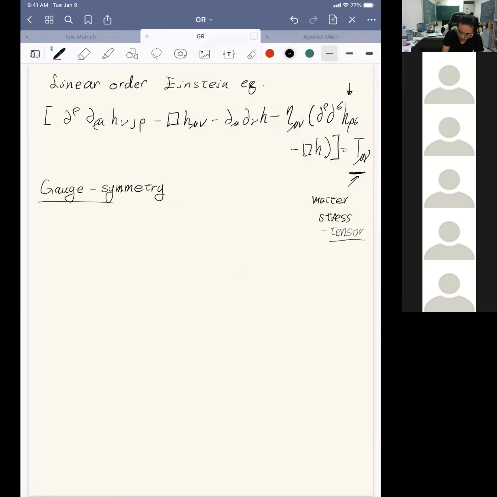So the gauge symmetry of general relativity is, of course, there are various ways to say this. Either it's diffeomorphism, Einstein symmetry, or some just say it's coordinate invariance.